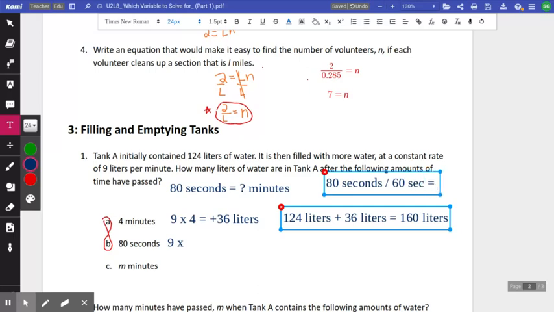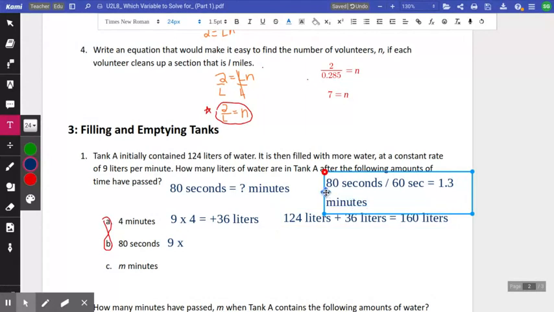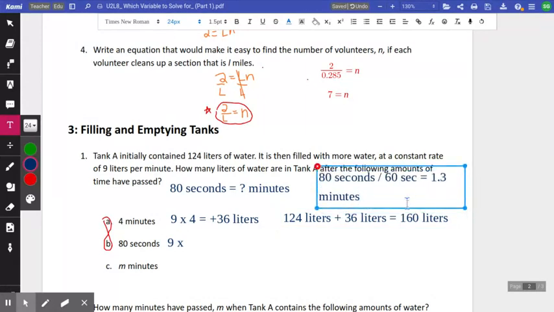When you do that, that's going to give you 1 1/3. So 1 minute and then 1/3 of a minute, or 1 minute, like 20 seconds. If I want to write that as a decimal, that's 1.3 minutes. Basically, 1 minute and a little more.